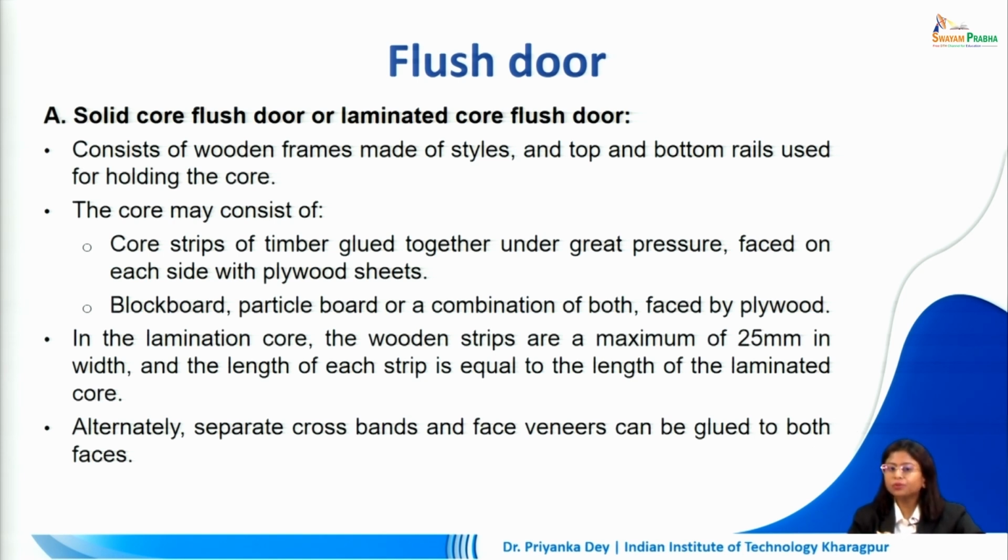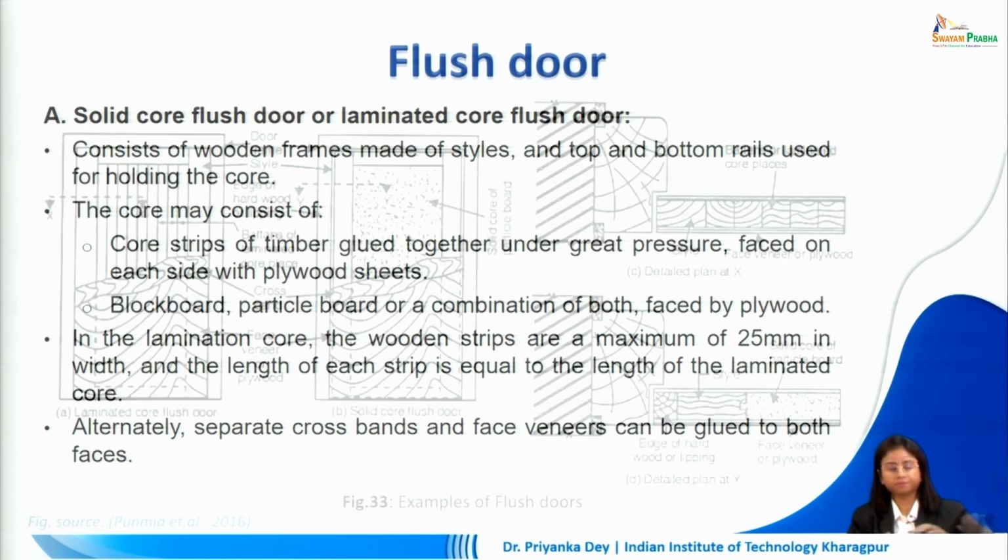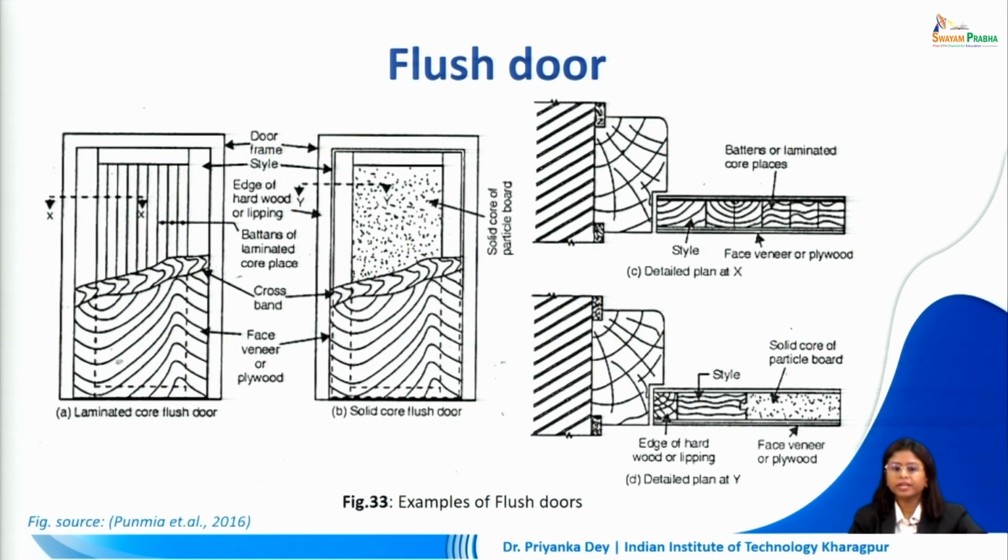In the laminated core, the wooden strips are a maximum of 25 mm in width and the length of each strip is equal to the length of the laminated core. Alternatively, separate cross bands and face veneers can be glued to both faces. These are examples of laminated core flush door and solid core flush door.